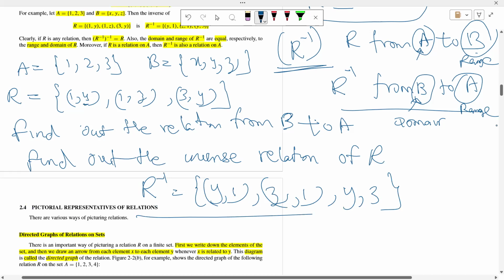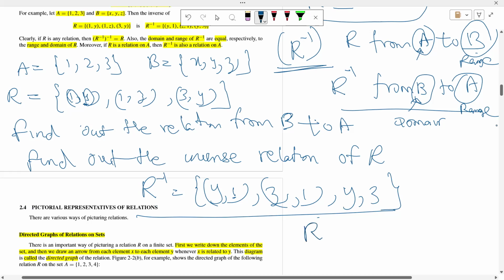This is your inverse relation. You just swap the elements. If it is a relation you are taking from A to B, and if it is an inverse relation, you are taking from B to A, so the second element becomes the first element and the first becomes the second. Just swap the elements, that is the inverse relation.